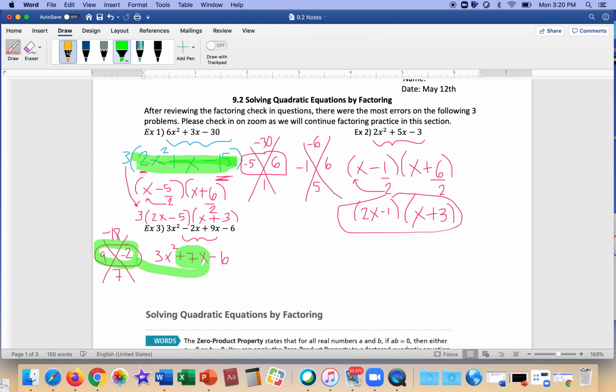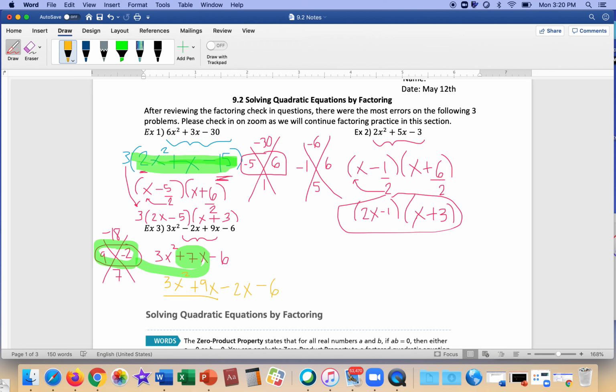And so when you do that, you could go like this. So 3x squared plus 9x minus 2x minus 6. And then you ask yourself, what's the GCF of the first two terms?